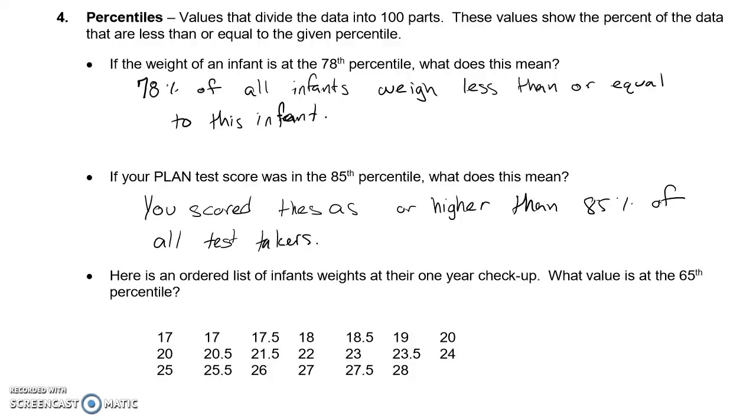So if we're actually looking at an ordered list of, say, infants and weights at a 1 year checkup, what value is at the 65th percentile? To figure that out, we need to figure out, first and foremost, how many values there are in total. So we have 3, 6, 9, 12, 15, 18, 20 total values.